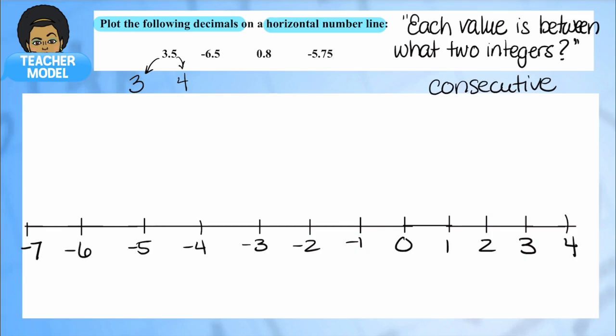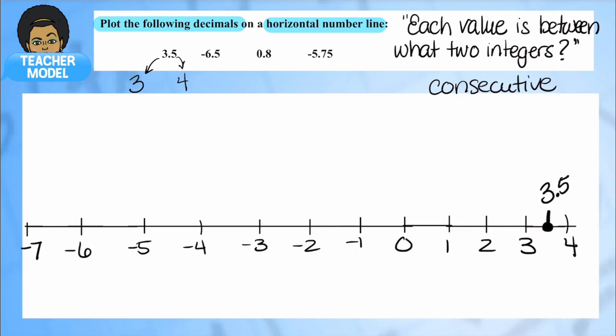They're numbers that are back to back to each other, and that's what consecutive means. So 3 and 5/10 would be between the integers 3 and 4. So that's the logic I'm using here to figure out how to approximate the location. It may not be exactly right, but I know it's somewhere between those two numbers.